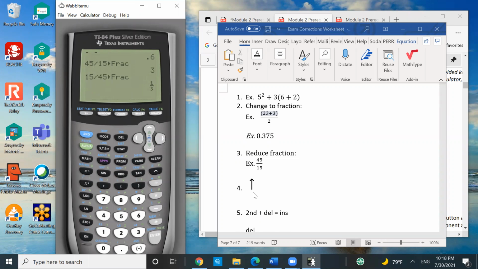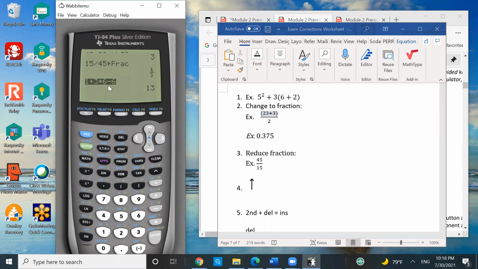Okay, next one, this button, the up arrow. If I have an expression, for example, 1 plus 3 times 6 minus 6, and then I realize the expression has a problem, so I use this button.